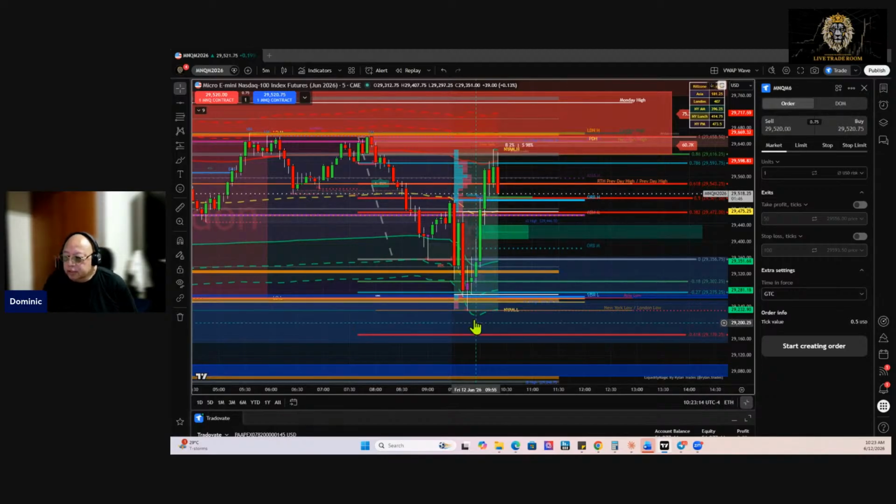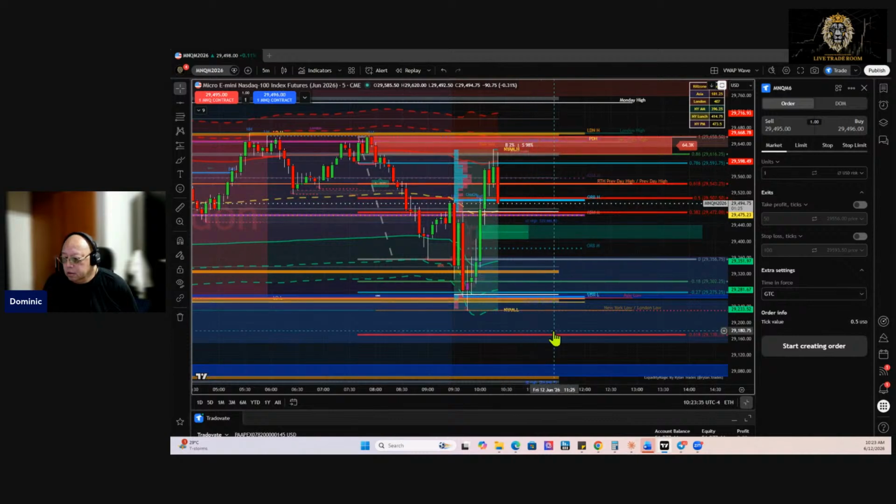You want to see this candle close below the orb high, and if it goes back up, that's where we get an entry going up. But I think this will continue coming down. It's a deep pullback. Target's down here, or at least down here.